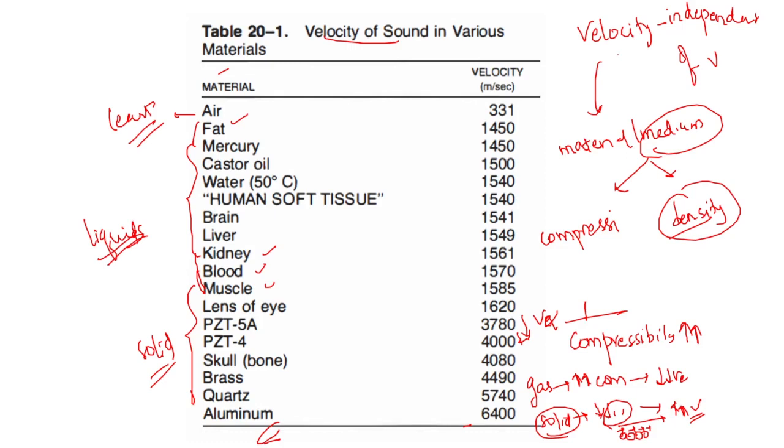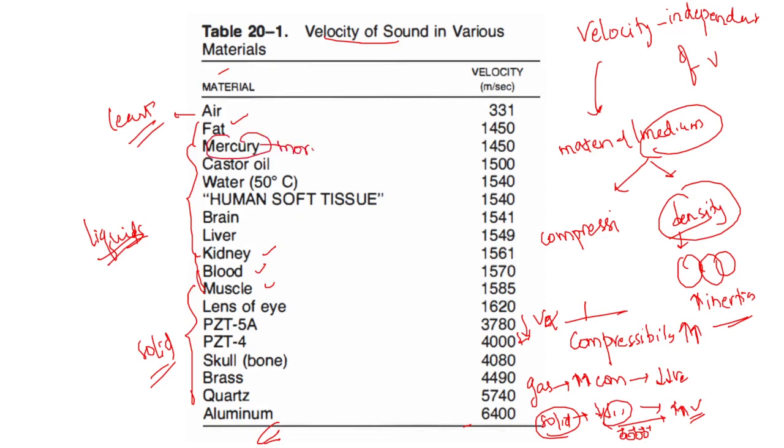Then the velocity of sound also depends upon the density. The denser the material, the more massive molecules it contains. Because they contain more massive molecules, they have increased inertia. I'll give you two examples from this chart itself.